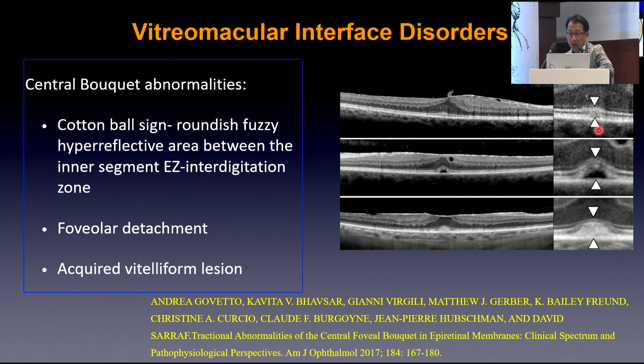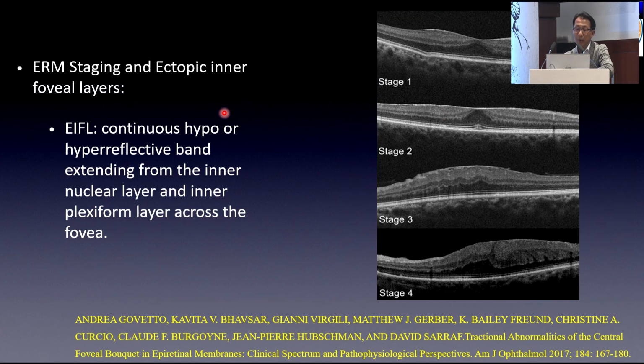The next important biomarker is the ectopic inner foveal layers, which is usually seen in epiretinal membrane in the third and fourth stage, as hyperreflective bands extending from the inner nuclear layer and inner plexiform layer across the foveal area.